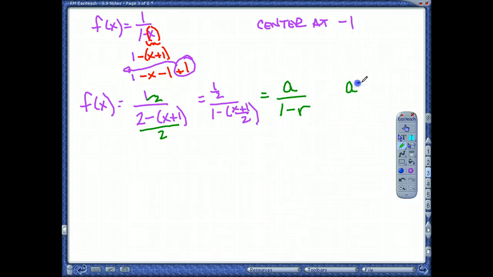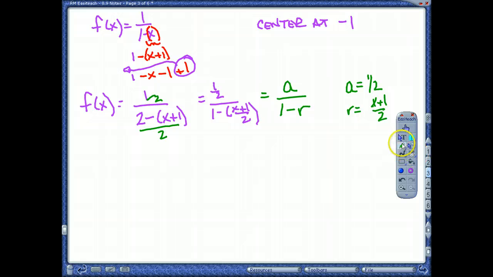So a will be played by 1/2. Oops, sorry, r will be played by (x plus 1) divided by 2.